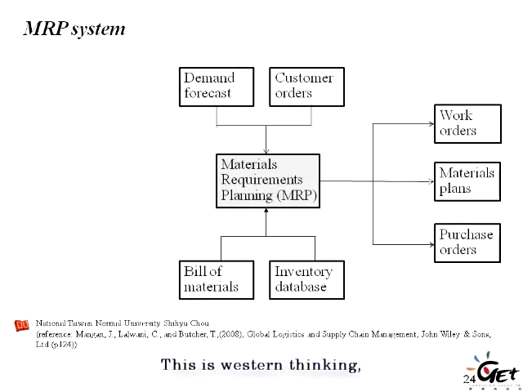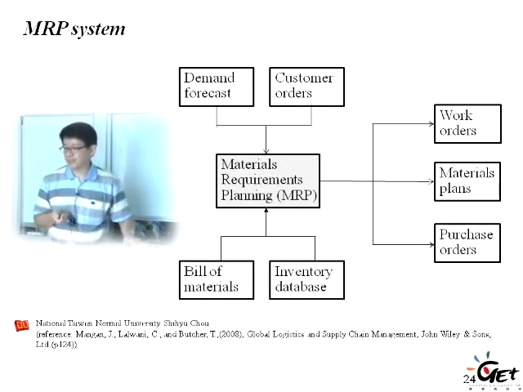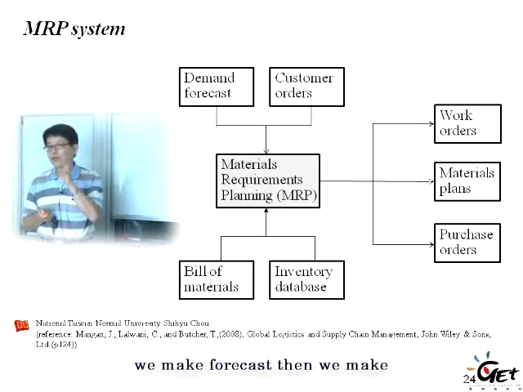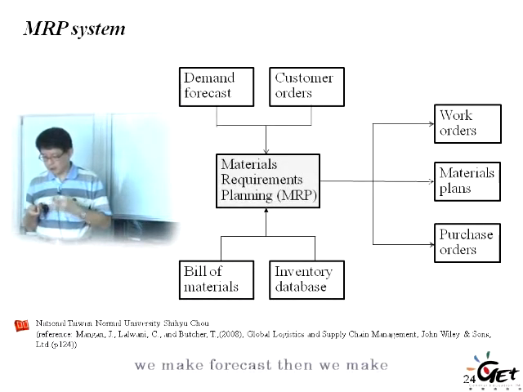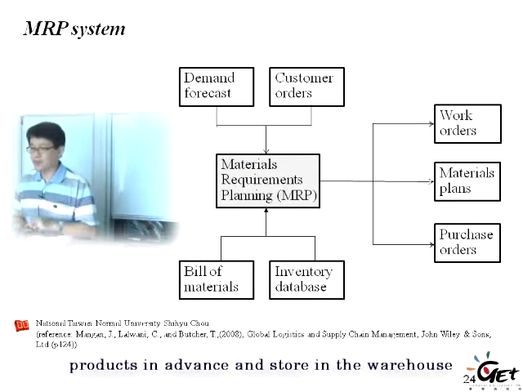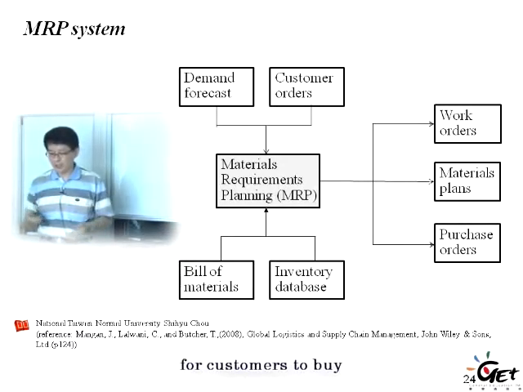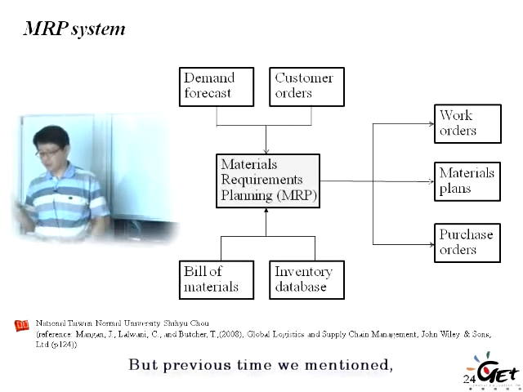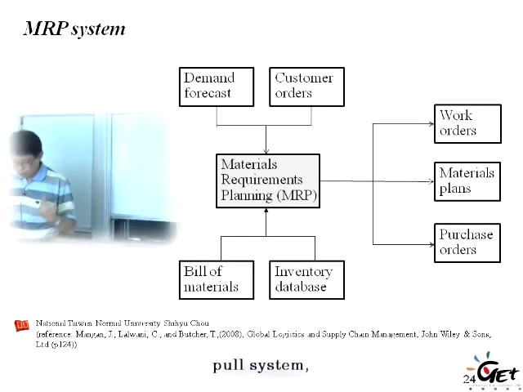But this is Western thinking. This is a so-called push system. We make a forecast, and then we prepare. We make the products in advance and store them in the warehouse for the customers to buy. But previously we mentioned the pull system.